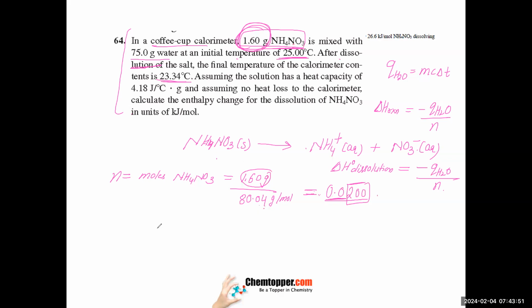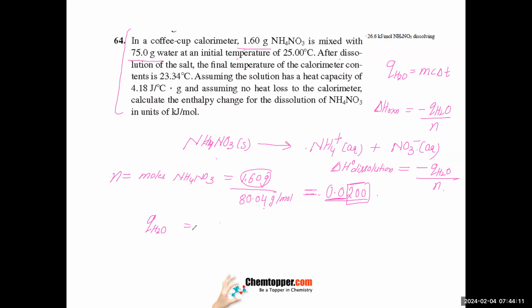What I need? Q water. So what is Q water? Plug in your M here. Now this time, this question has a different approach. When you add ammonium nitrate into 75 grams of water, M changes.